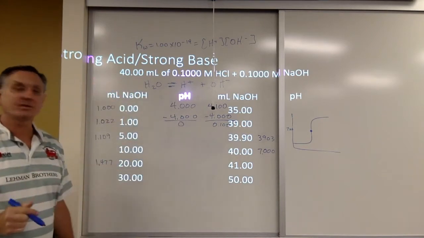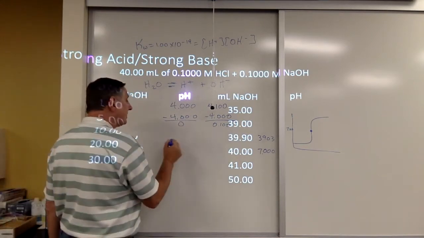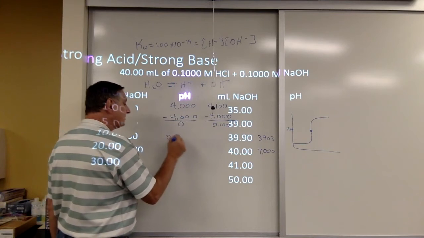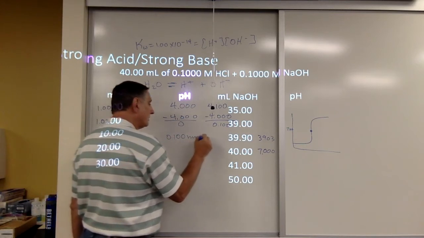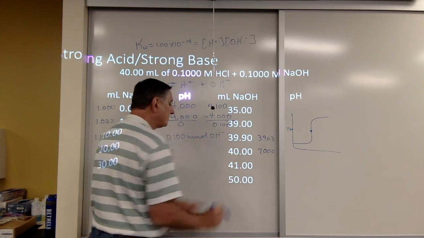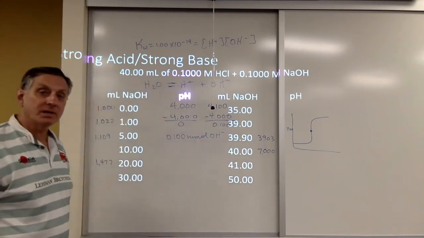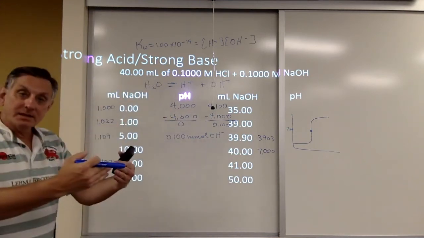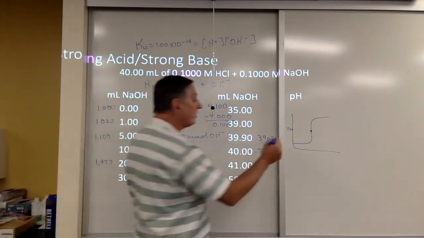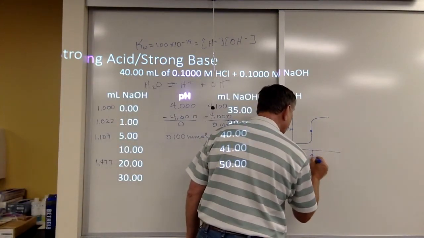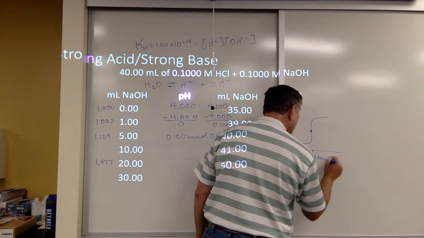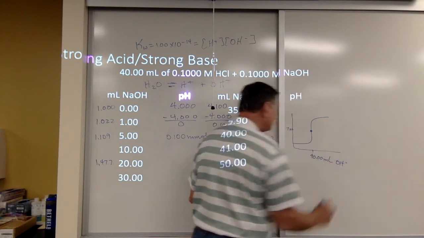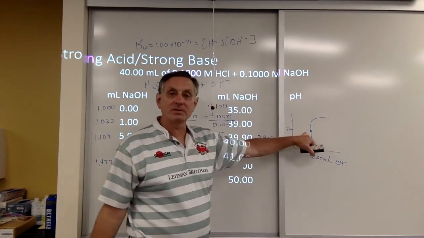Now we have an excess of hydroxide. How much hydroxide? We have 0.100 millimoles of hydroxide. Remember, we're talking about 41 milliliters of addition. At 40, we had an equal number of moles. At 40, that's our equivalence point.